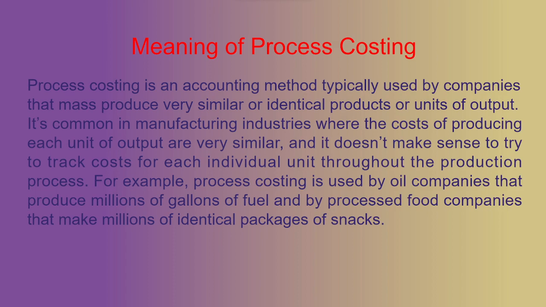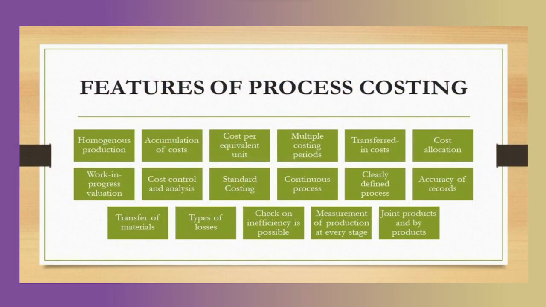Now, let us discuss the features of process costing. Many features are involved in process costing, which help industries to calculate the cost of production and also help in minimizing it. Normally, those industries which manufacture homogeneous products choose process costing, and they accumulate all the cost and then get the cost per unit.